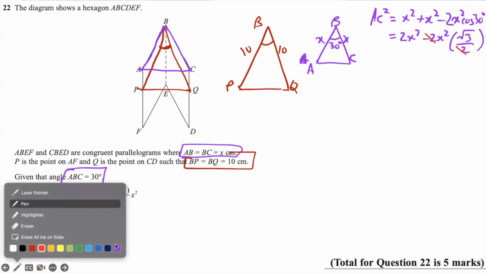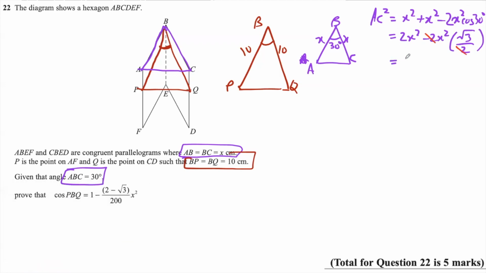Okay, so we get 2x squared minus root 3 x squared. And here we can see that this is 2 minus root 3 in the bracket, and there's an x squared, so x squared can be factored out. So AC squared equals (2 minus root 3) x squared.